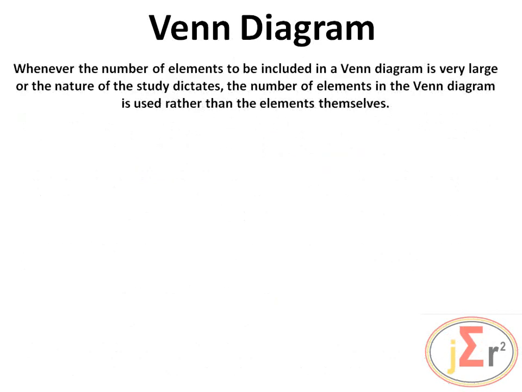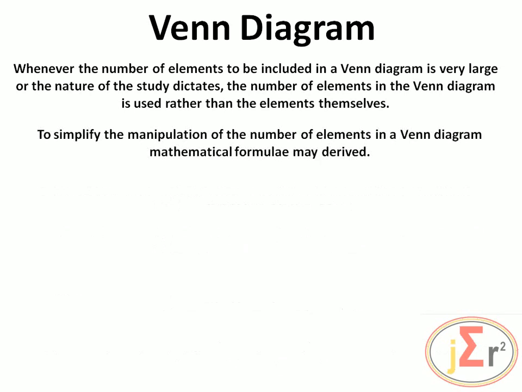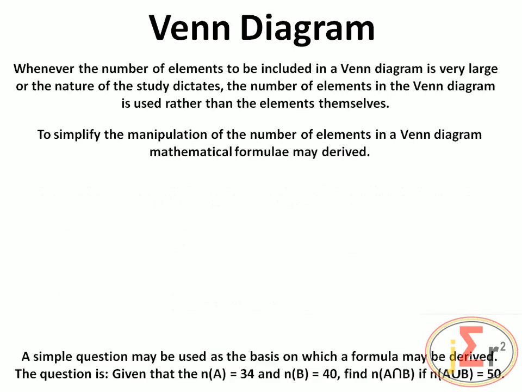Whenever the number of elements to be included in a Venn diagram is very large, or the nature of the study dictates, the number of elements in the Venn diagram is used rather than the elements themselves. To simplify the manipulation of the numbers of elements in a Venn diagram, mathematical formulae may be derived.